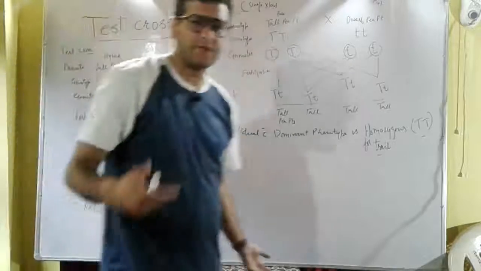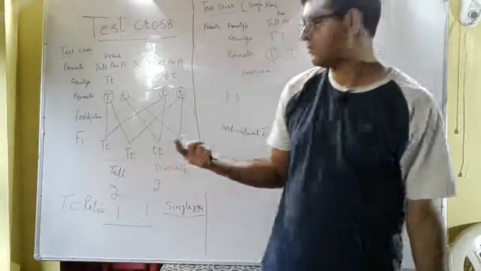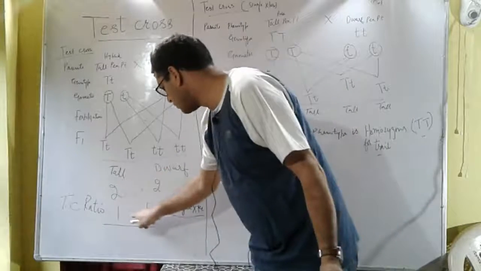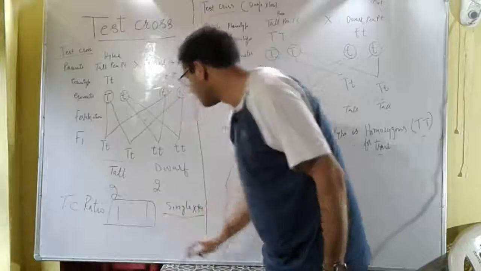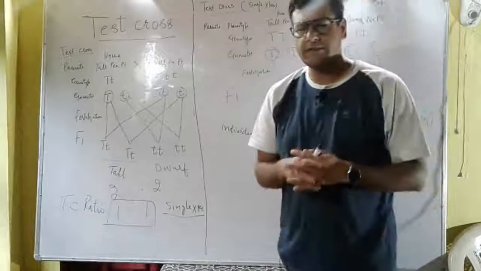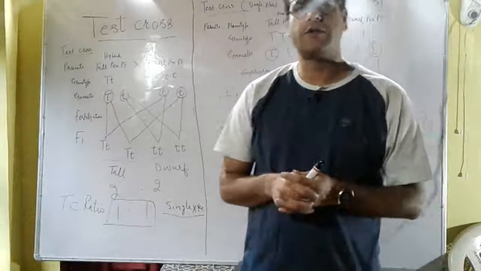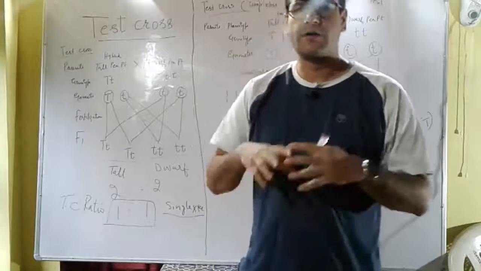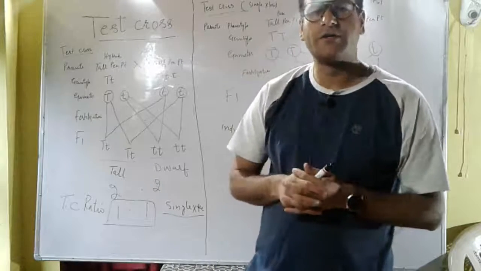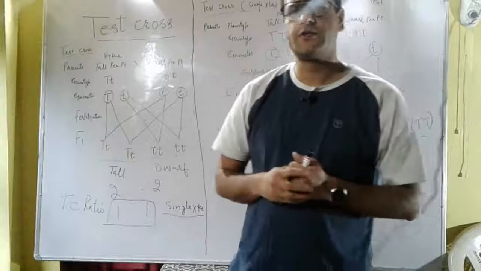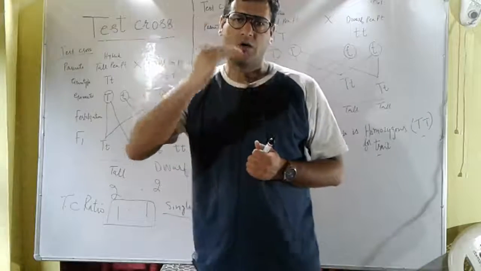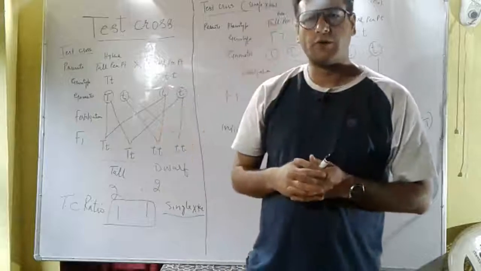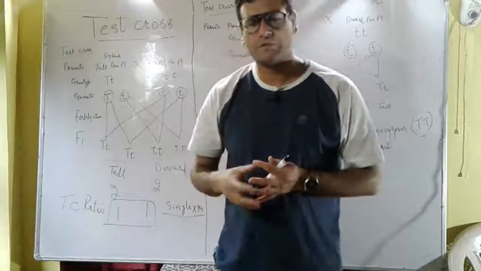Because we have taken only one character, height of the pea plant, into consideration. Therefore the test cross ratio is 1:1. That means in case the individual is heterozygous for the dominant trait, then in the F1 generation we will get both offspring with the dominant trait and offspring with the recessive trait.